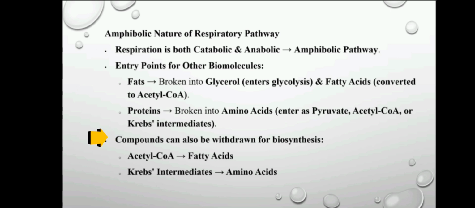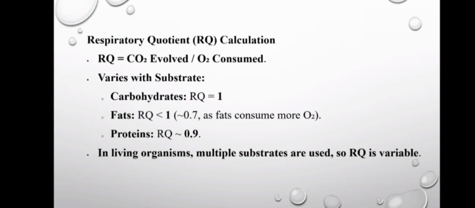For example, if the cell needs fatty acid, then acetyl coenzyme A will be taken out from the respiratory pathway and fatty acid can be synthesized. On the other hand, Krebs cycle intermediates can also be taken out and converted into amino acids. Hence, it makes the respiratory pathway an amphibolic pathway.